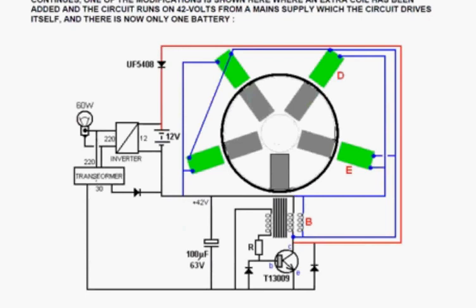He also powers a mains transformer, a step-down transformer, known as a power supply unit. And that, with its diode and capacitor, produces 42 volts, which is used by the transistor to drive the entire system. And the 4 extra coils here take power out and feed it back into the input.